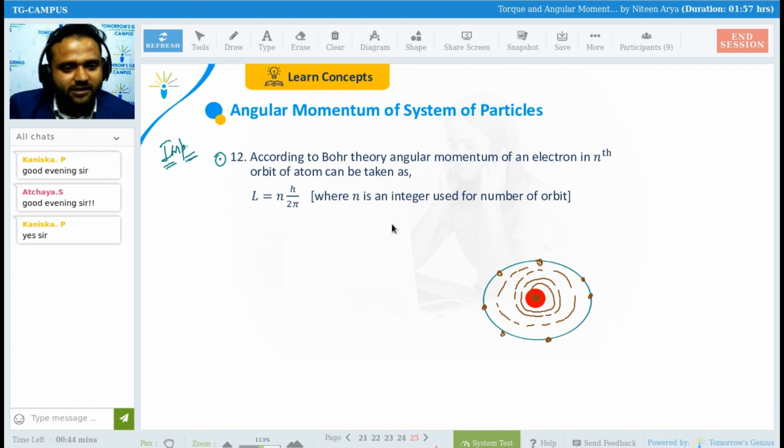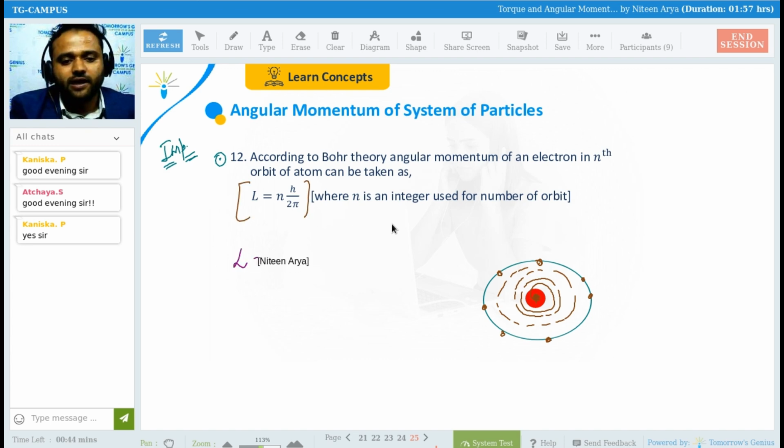Then Bohr, another scientist, gave the suggestion that electrons cannot revolve in just any orbit. They have a fixed orbit, and the fixed orbit is related to this concept. So what is this concept?